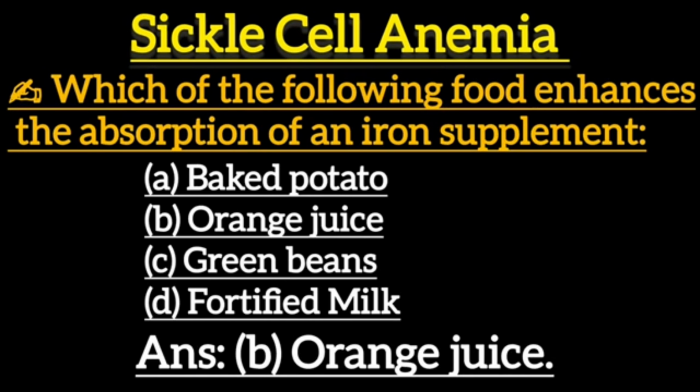Next one is which of the following foods enhances the absorption of an iron supplement? Option A, baked potato. Option B, orange juice. Option C, green beans. Option D, fortified milk. Correct answer is option B, orange juice.